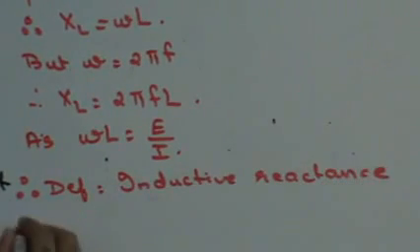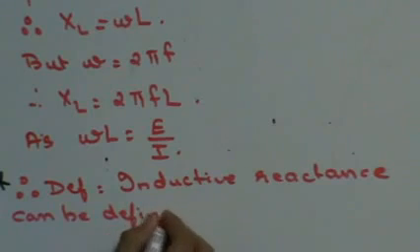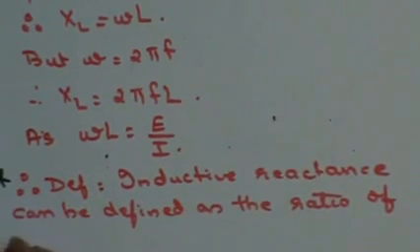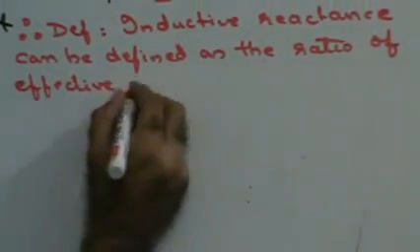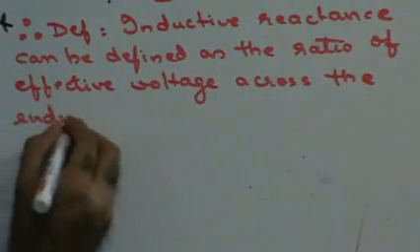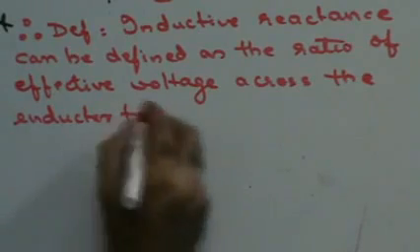From the equation, as omega L is E upon I, inductive reactance can be defined as the ratio of the effective RMS voltage across the inductor to the effective RMS current passing through it.